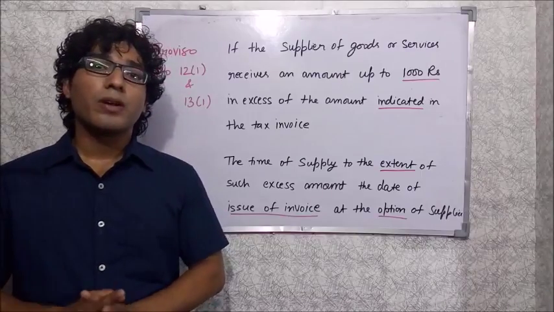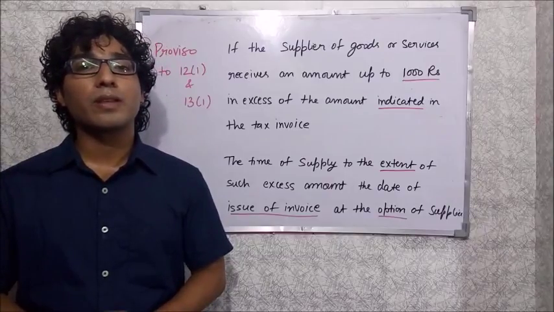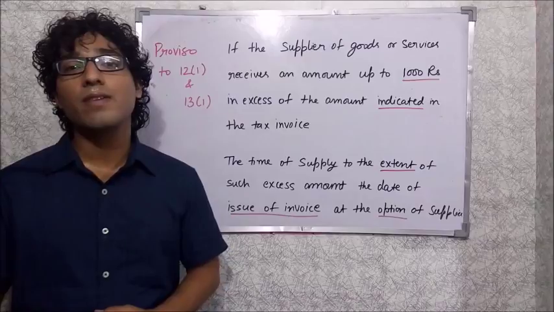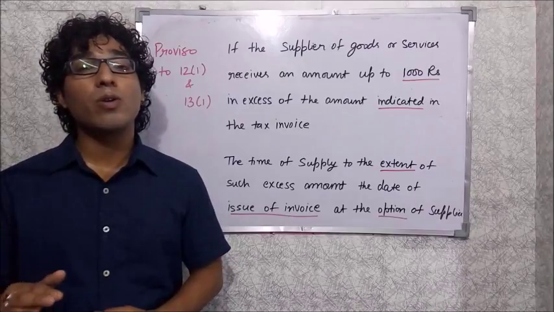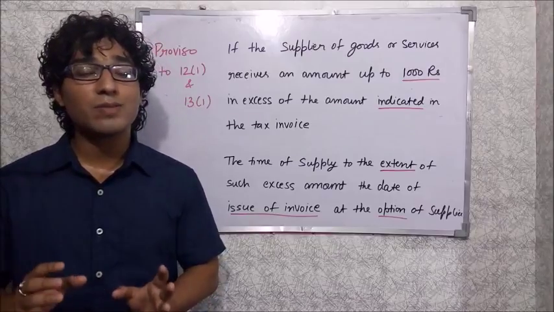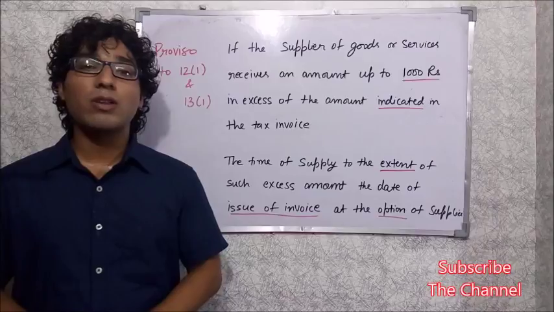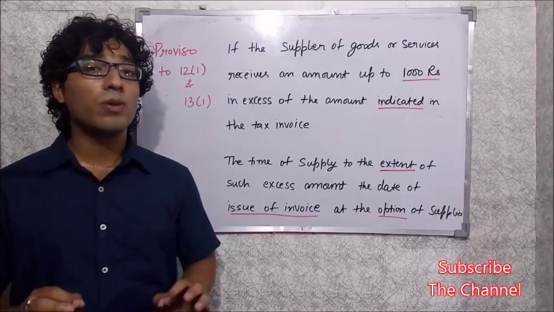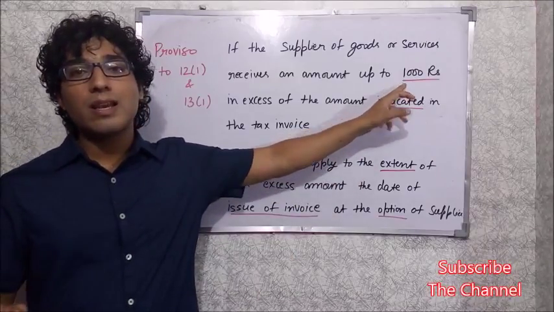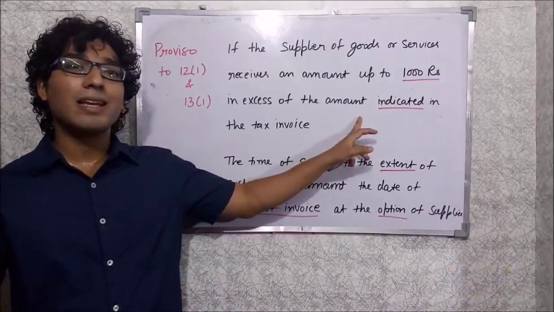Suppose you issued an invoice of 2000 rupees and the supplier of goods or services receives 2500 rupees, then this proviso on advance payment will be applicable, because the amount should be only up to 1000 rupees and in excess of the amount indicated in the invoice.